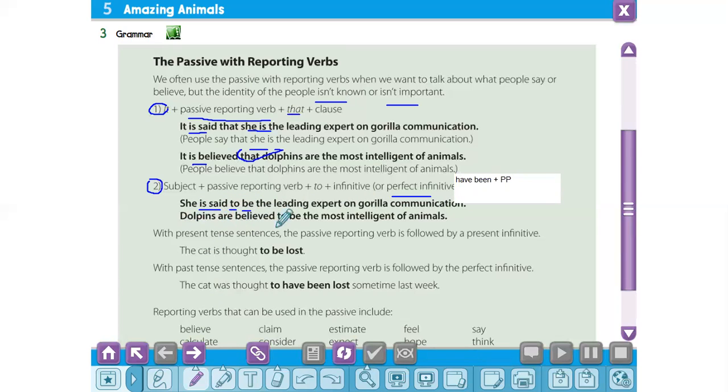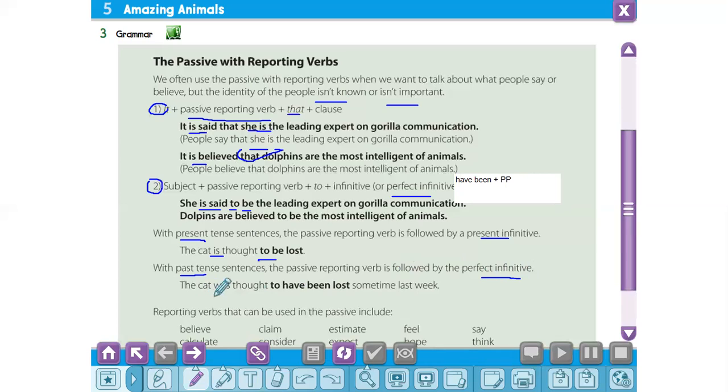Dolphins are believed to be the most intelligent of animals. With present tense sentences, the passive reporting verb is followed by a present infinitive. For example, the cat is thought to be lost. Here the sentence is in present form, so we use the present infinitive, to plus infinitive. With past tense sentences, the passive reporting verb is followed by the perfect infinitive.